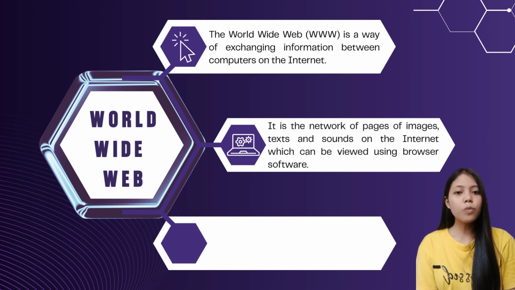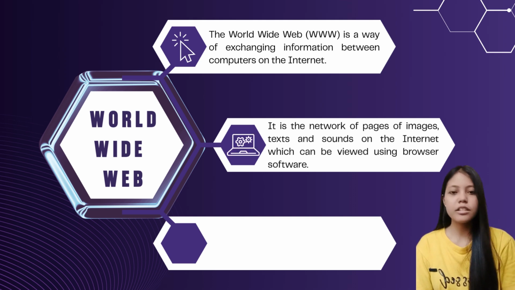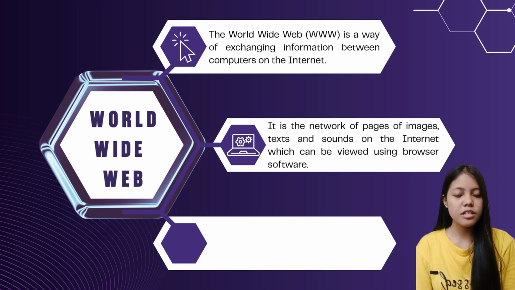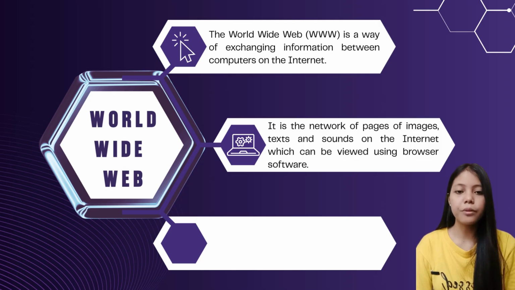The World Wide Web is made up of millions of web pages that contain texts, images, videos, and sounds. You can think of it as a massive digital library filled with all kinds of information that people can access anytime and anywhere. To view these web pages, we use something called a web browser.